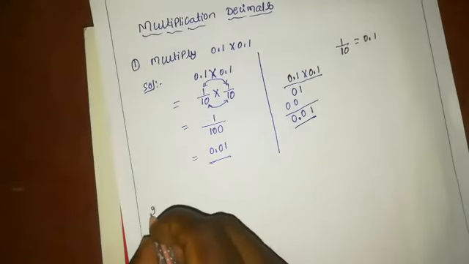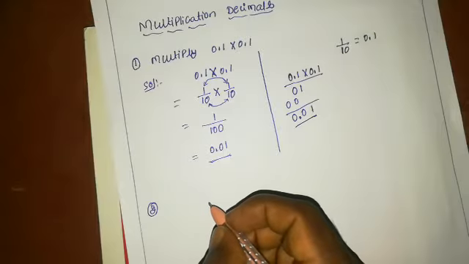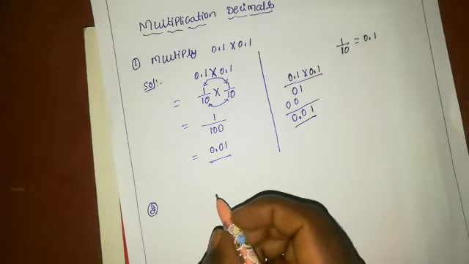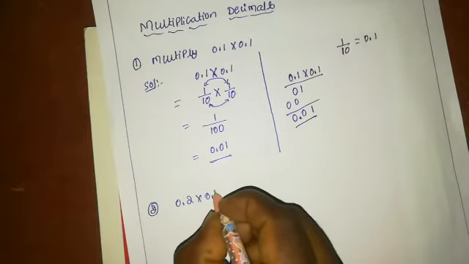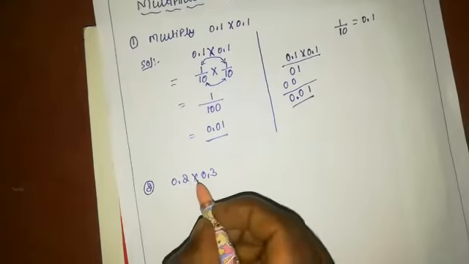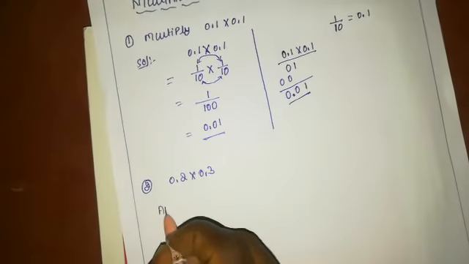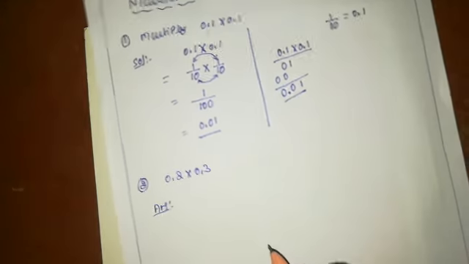Next, see one more example: we have to find the product of 0.2 into 0.3. How do you multiply? Let's see. 0.2 is a decimal number and 0.3 is also a decimal number.